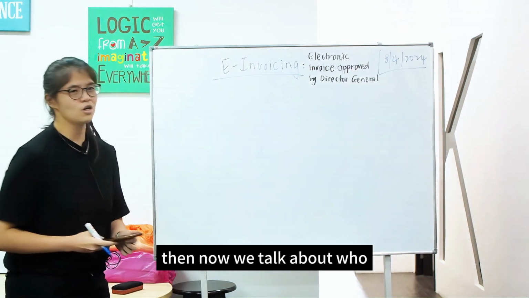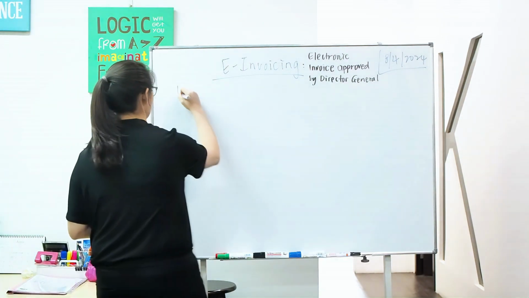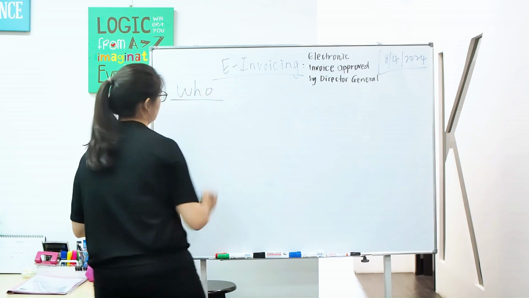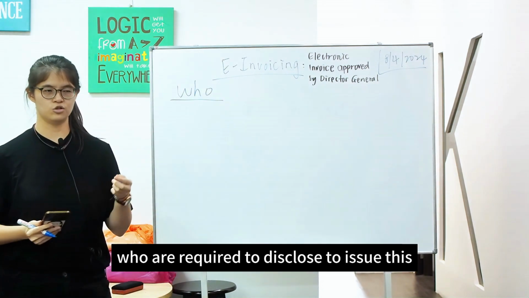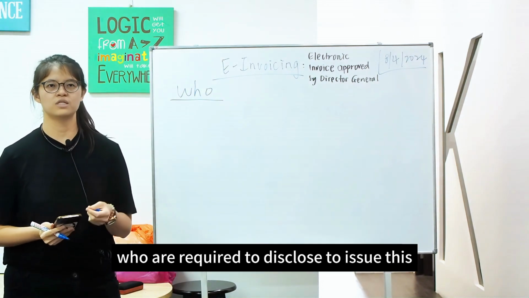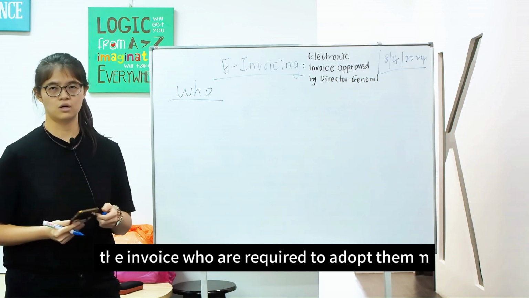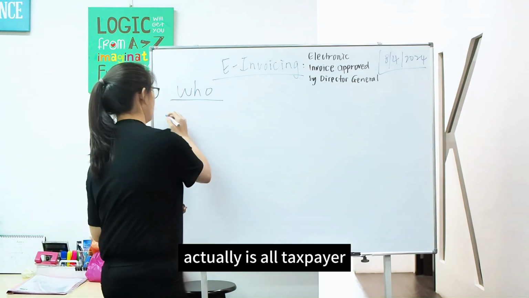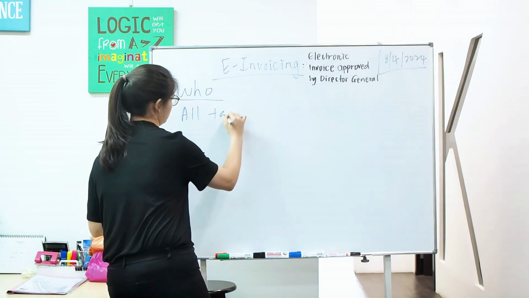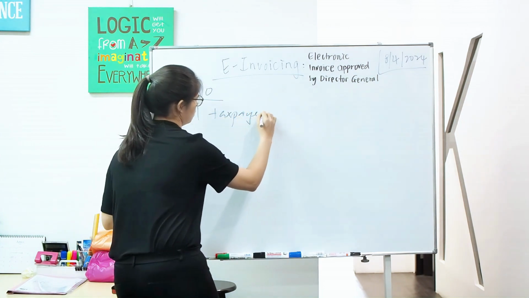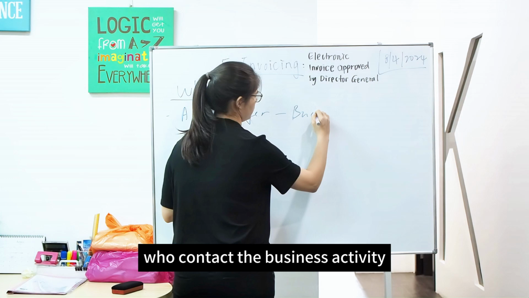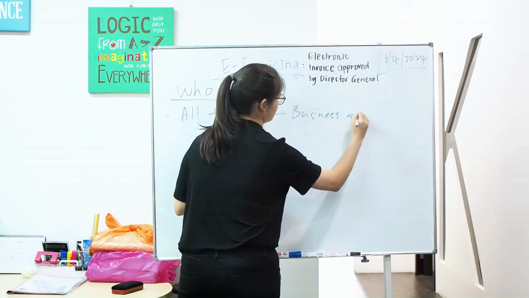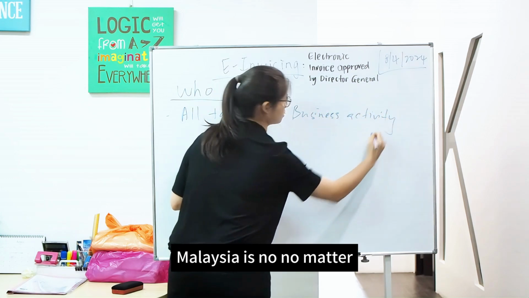Okay, now we talk about who. Who is required to disclose, to issue this e-invoice? Who is required to adopt? Actually, it's all taxpayers who conduct business activity in Malaysia.